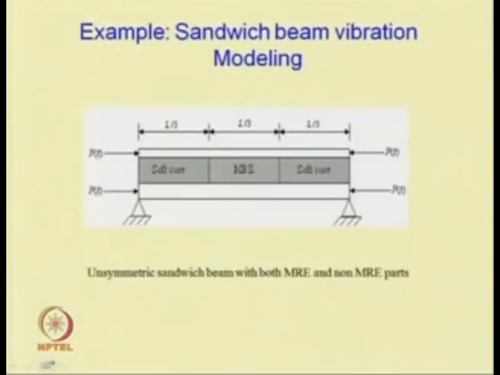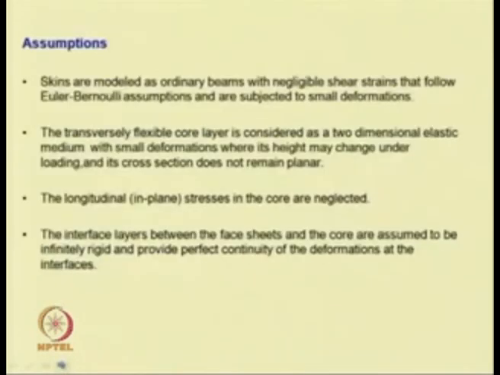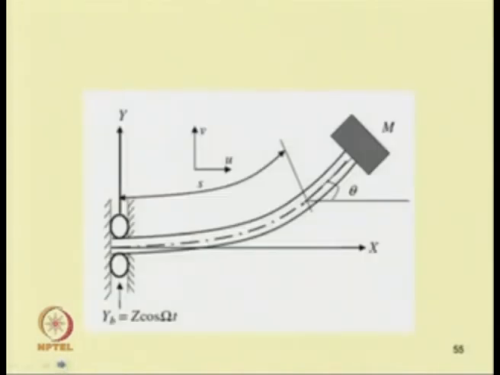In this exercise, you can derive the equation of motion for a sandwich beam, or for some other systems like a base excited cantilever beam, where the base motion can be given by z1 cos omega t and z2 cos omega 2 t.